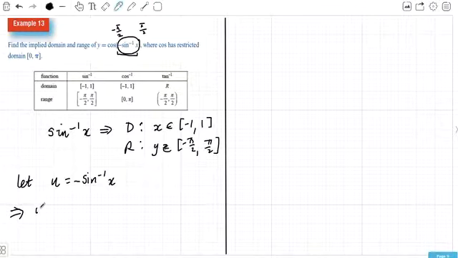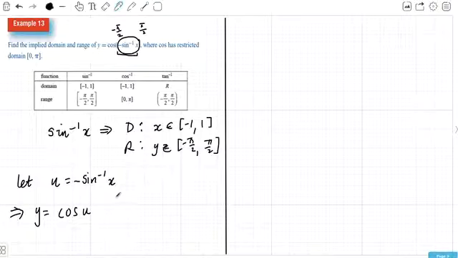That tells us that y equals cosine of u. Because we know what u can range between, we can now use those values, -pi on 2 and pi on 2, in this function.